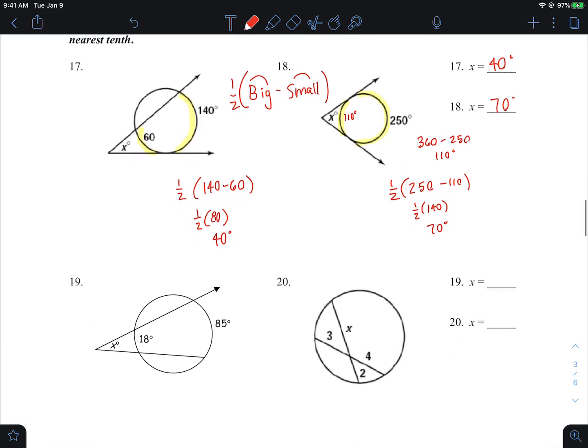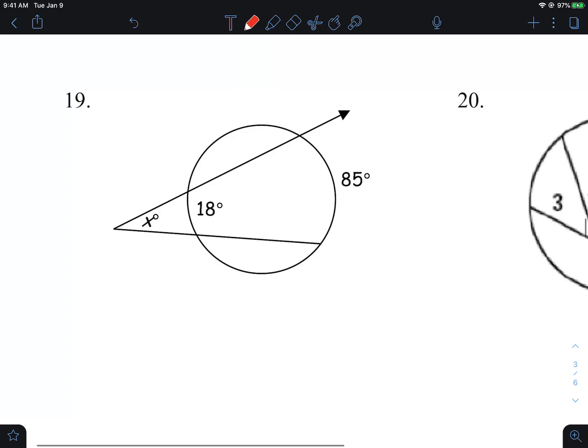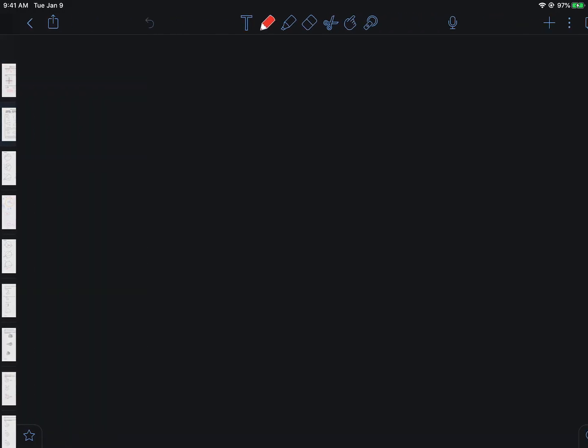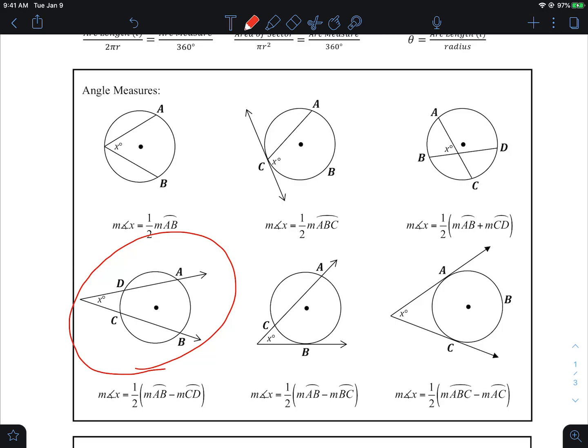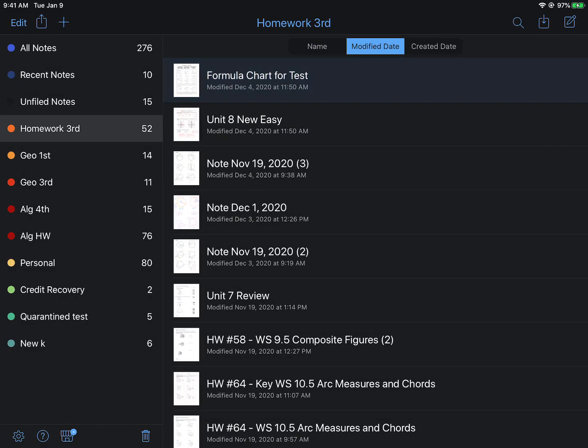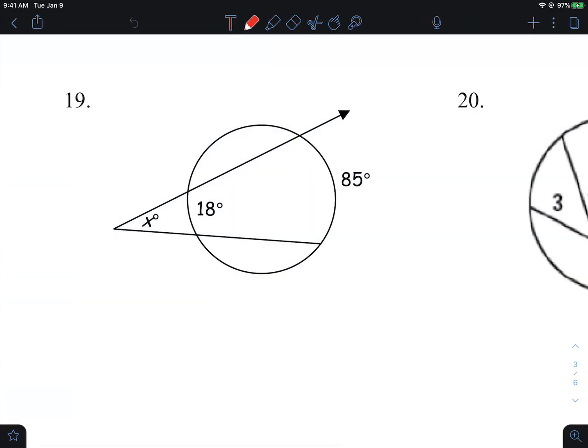Okay. 19 is using a tangent and then a secant line, or I guess this is kind of a segment, but you get the idea. But it's pretty much the same exact formula, except it looks more like this. It is still the big arc AB minus the small arc CD, just whatever the big minus small is. So let's go ahead and do that.